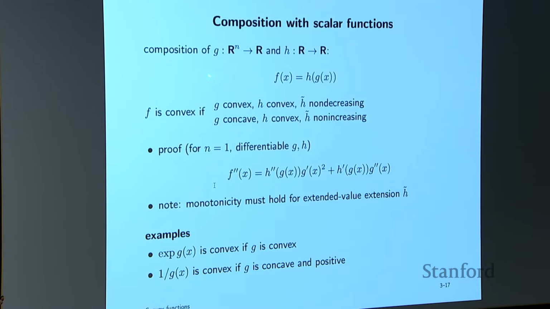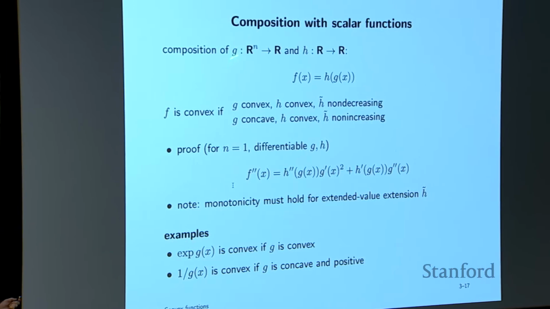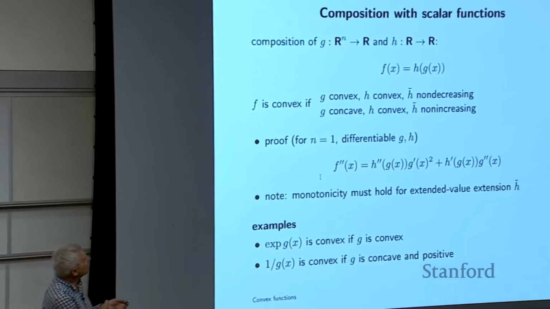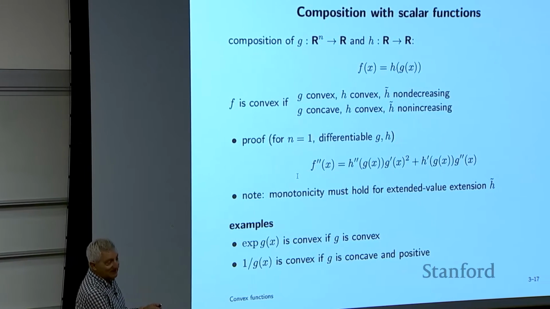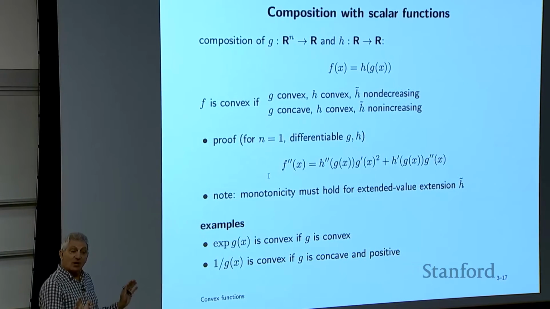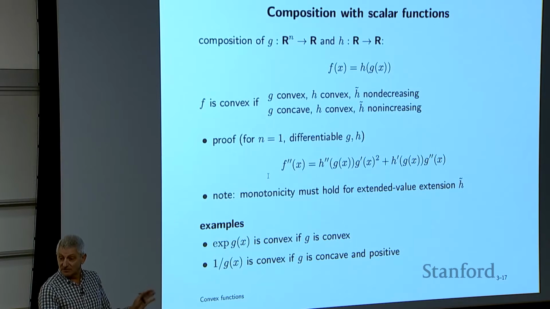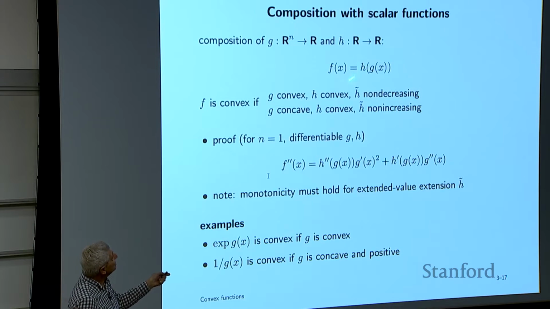When is the composition of two functions convex? So when is h of g of x convex, right? And we already know one version of this. If g is affine and h is convex, this is convex, because that's precomposition with an affine function. That's convex, okay?